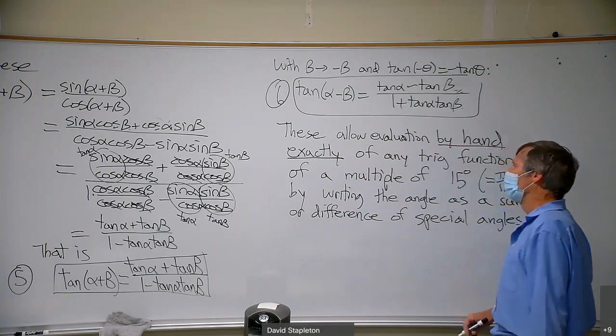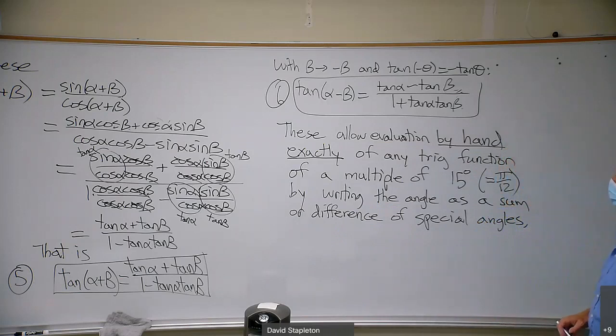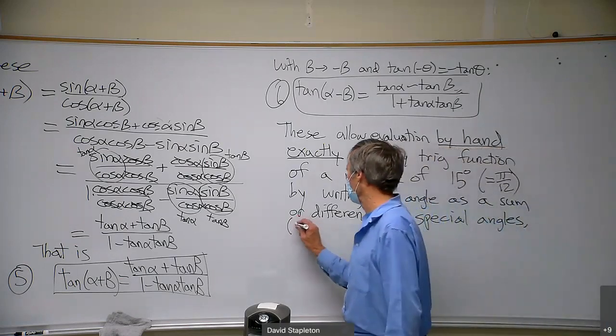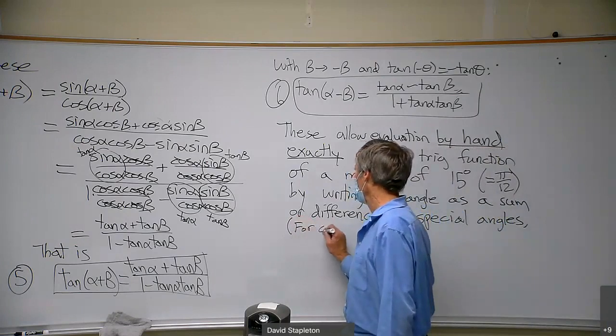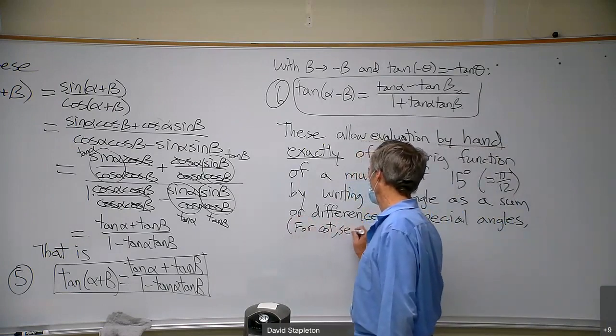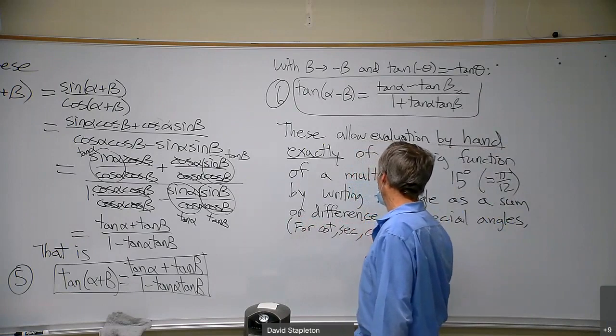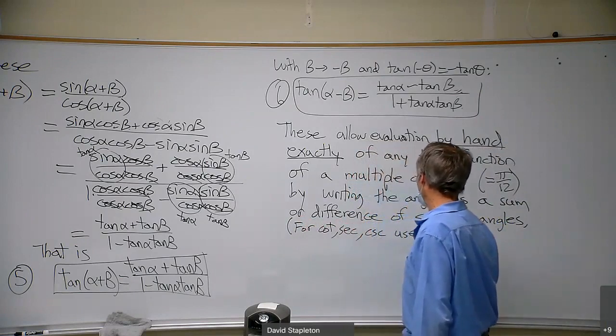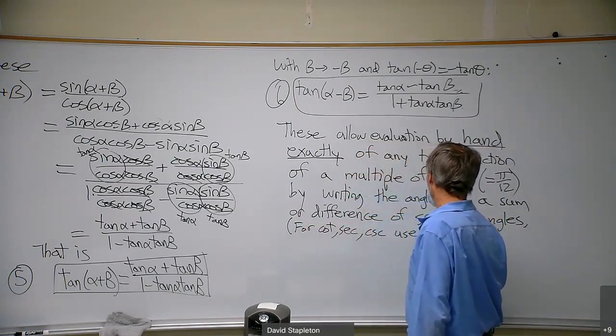That's it. Rewrite the thing as a sum or difference of special angles and use the sum or difference formula, and you can evaluate any trig function. And for cotangent, secant, and cosecant, use reciprocals of 1 through 6.